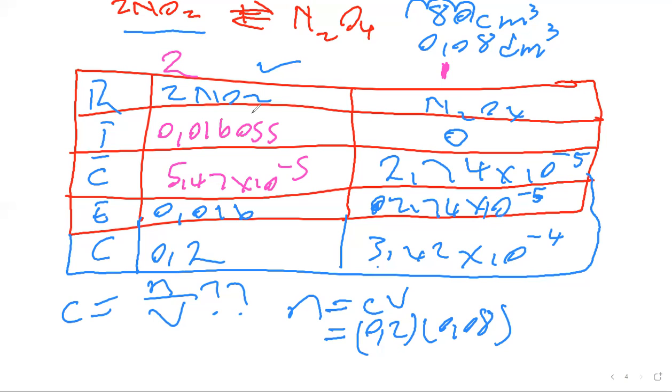We already have 0,016, minus we already have 5,47 times 10 to the power negative 5.